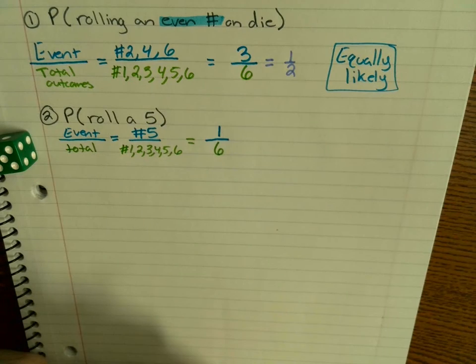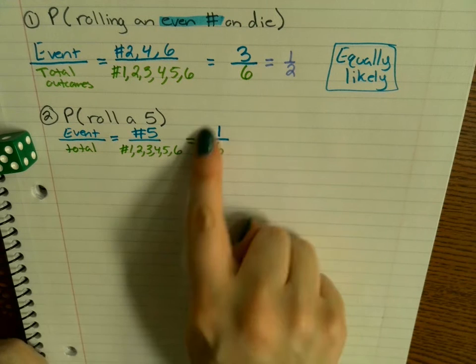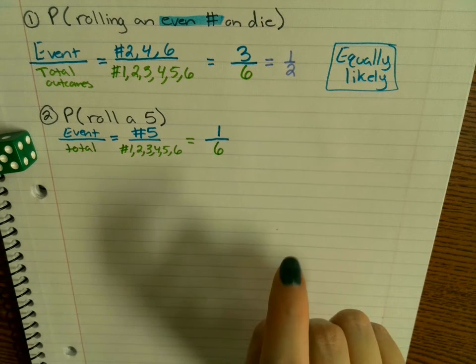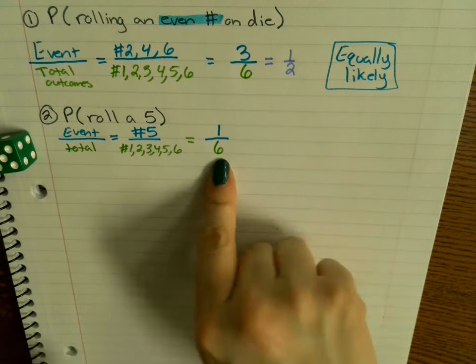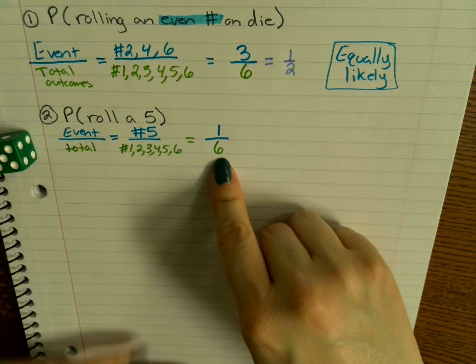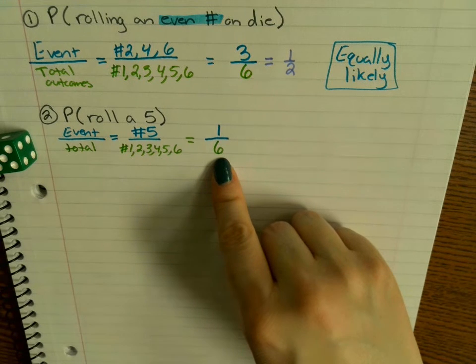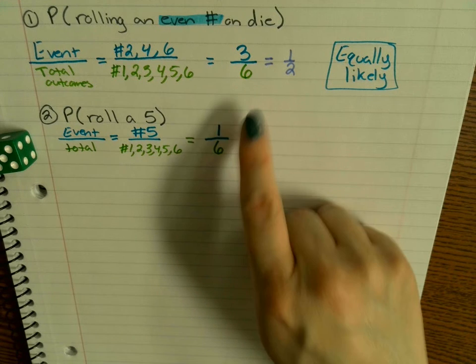Well, I can't simplify that any further. 1/6 is as simplified as it gets. So looking back at my number line, which category does 1/6 fall on? Is it 0? No, so it's not impossible. Is it 1 whole? No, so it's not certain. Is it a half? No, so it's not equally likely.